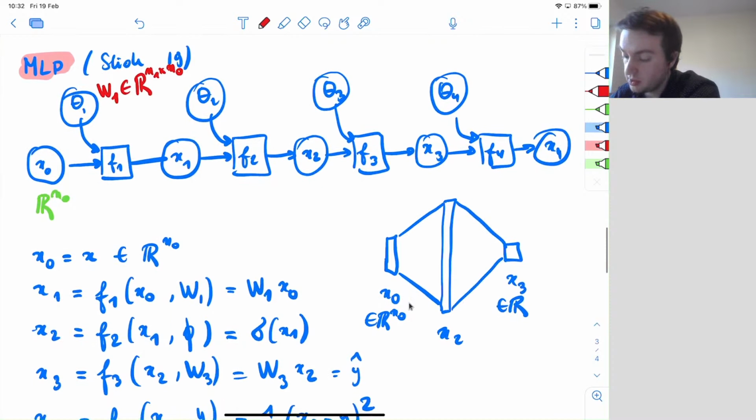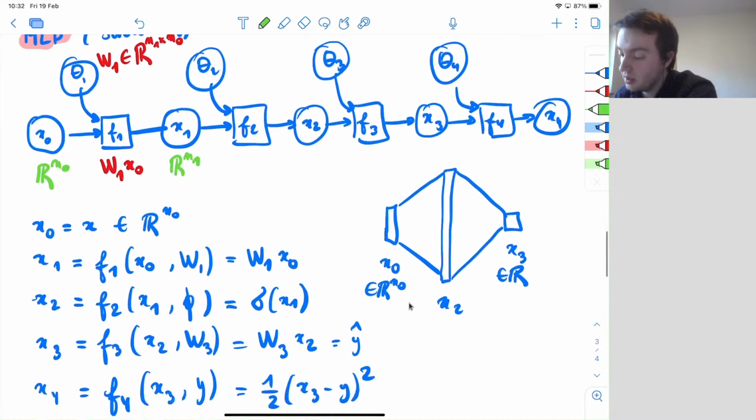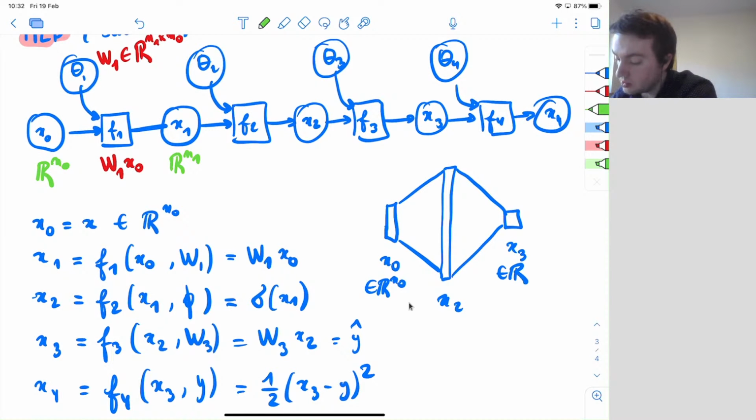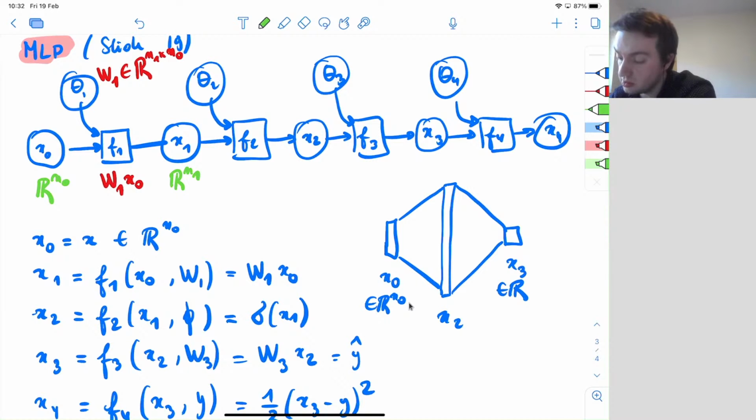So here we would compute W1 x0, and that would produce an output x1, whose size is R^n1. Okay. Then we would pass x1 through the sigmoid activation, and so in this case, theta 2 would just not be there.